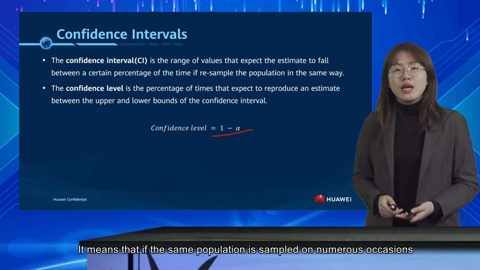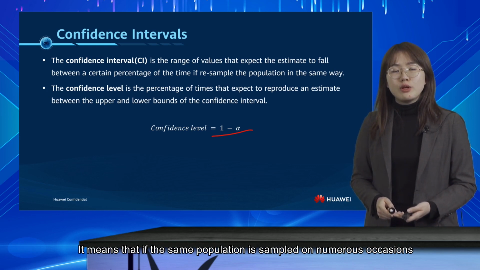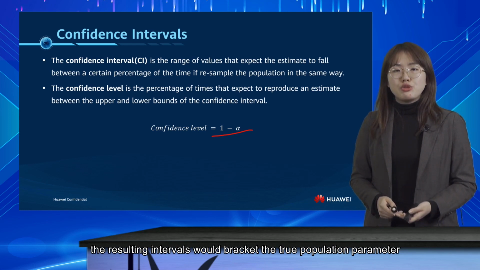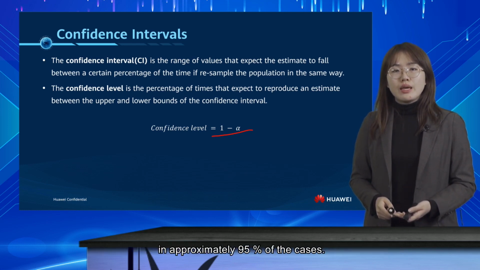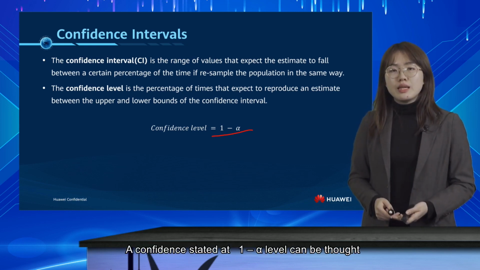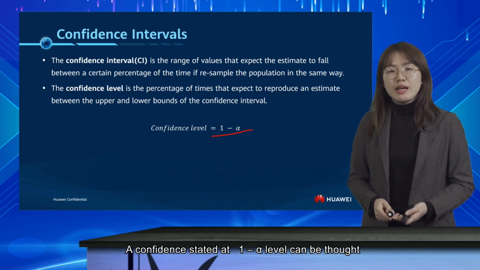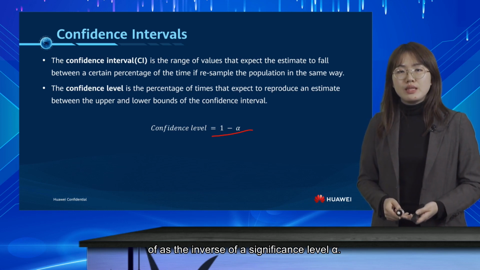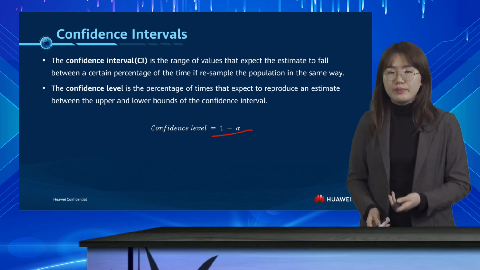It means that if the same population is sampled on numerous occasions and interval estimates are made on each occasion, the resulting intervals would bracket the true population parameter in approximately 95% of the cases. A confidence level stated at 1 minus alpha can be thought of as the inverse of a significance level alpha.